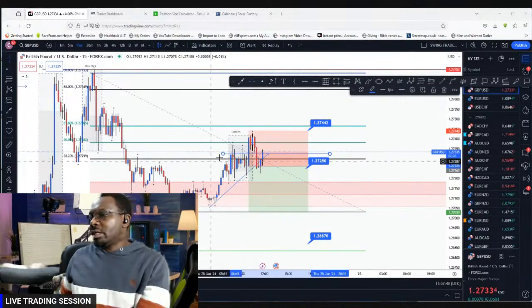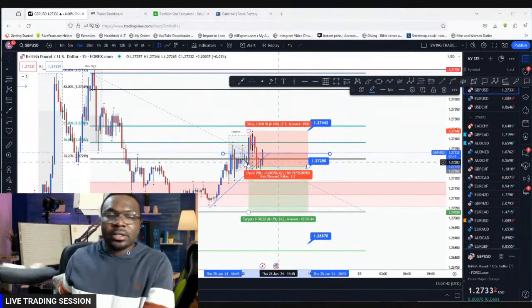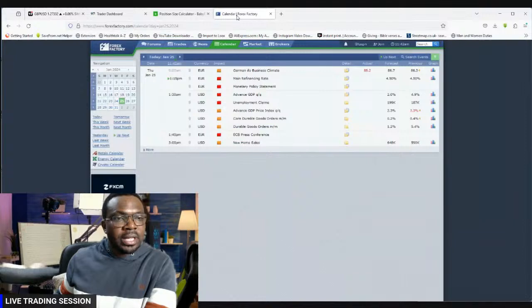Based on this consolidation happening, it's obvious that the news is going to be highly impactful.